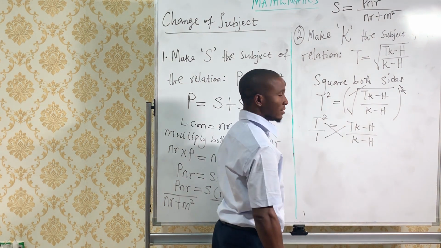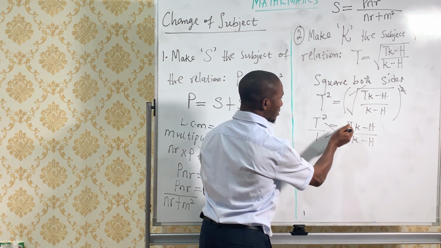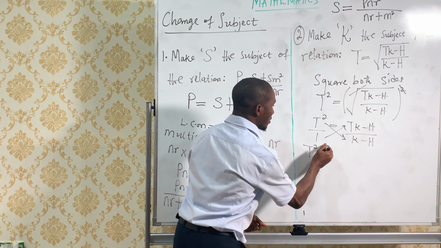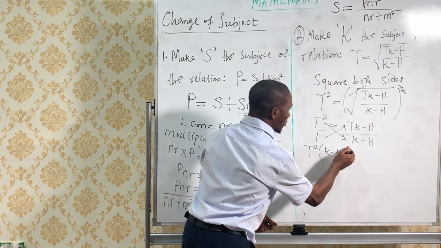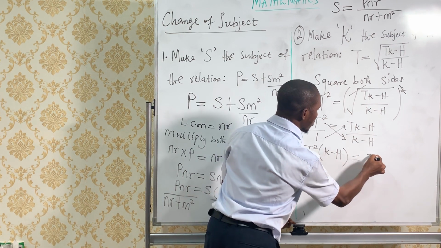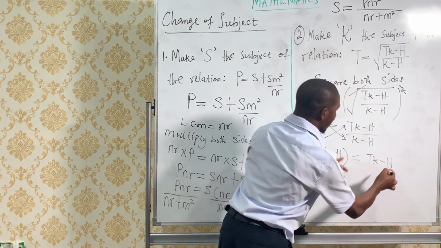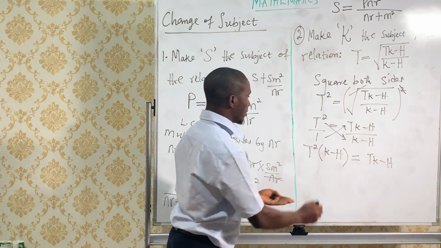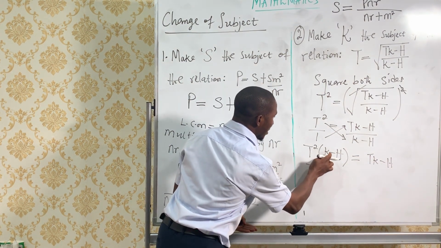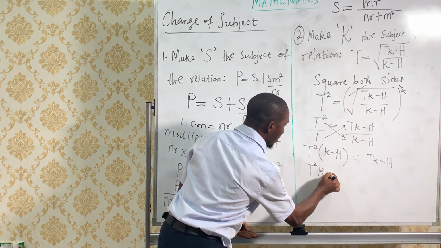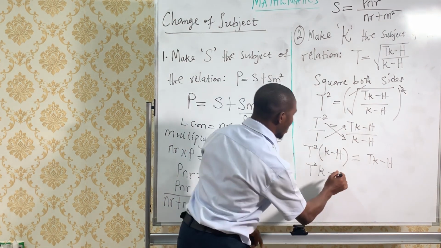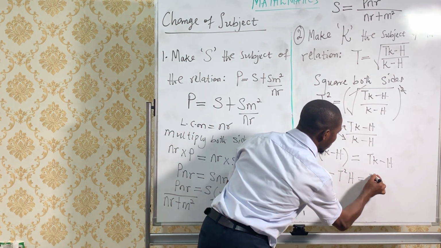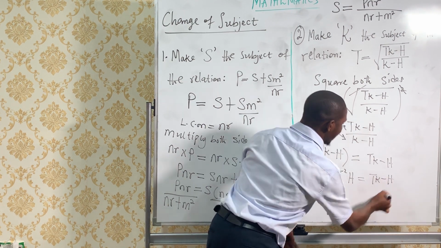Cross multiply: T squared is multiplying K minus H, equals TK minus H times 1, which remains TK minus H. We can expand this: T squared times K gives T squared K, minus T squared times H gives T squared H, equals TK minus H.